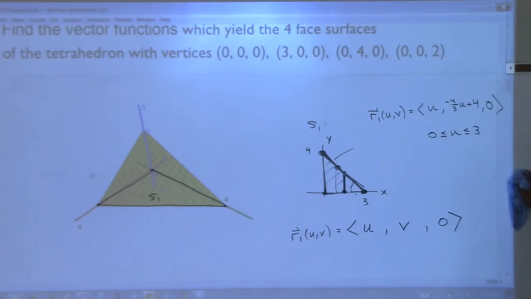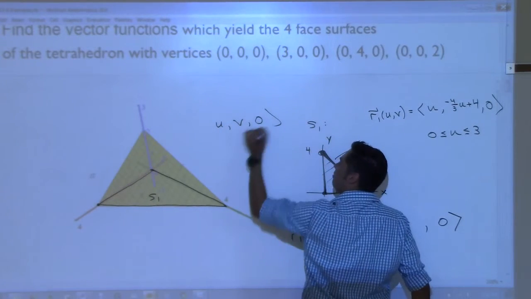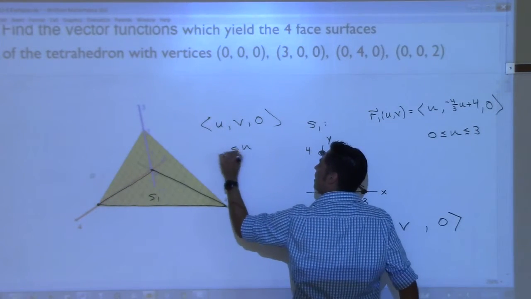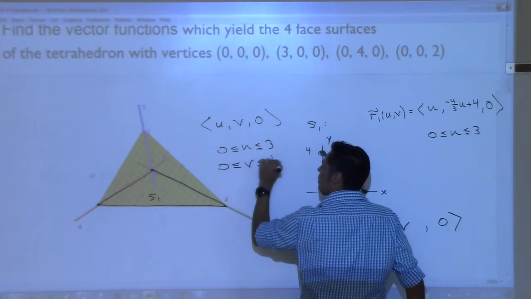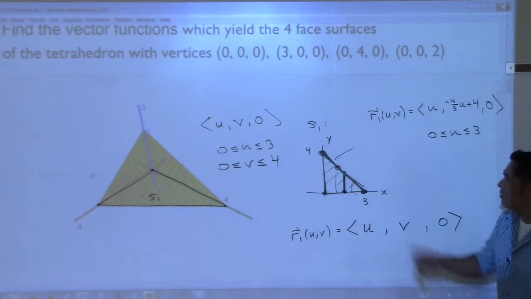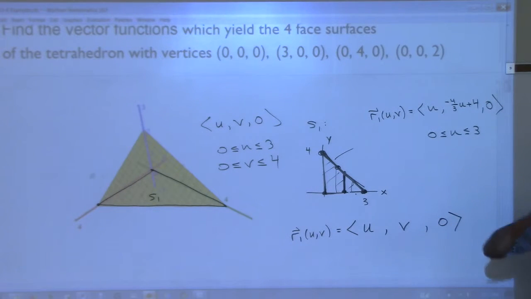So I gave you 3 different vector functions. Only one of them was right. The first one I gave you, we did u, v, 0, where u was between 0 and 3, and v was between 0 and 4. This was incorrect because it drew the entire rectangle. Then we did it the second way, which does it.